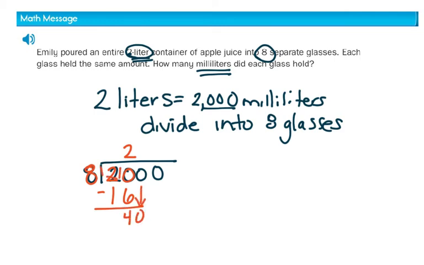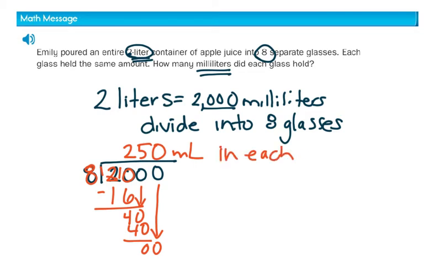Bring down your 0. How many times does 8 go into 40? Goes in there 5 times. I still have to bring down my 0. How many 8s are there in 0? 0. So there are 250 milliliters in each glass.